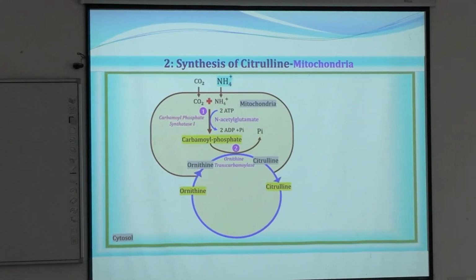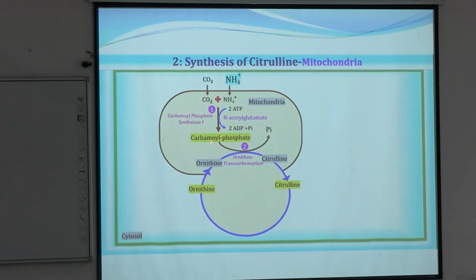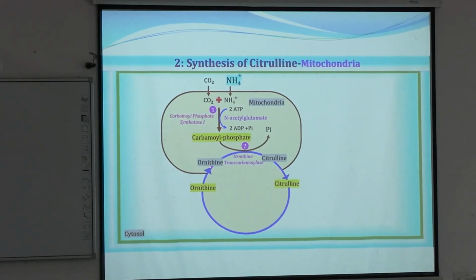Now the second step, what happens? This carbamoyl group is transferred to ornithine to form citrulline. So why was this cycle called the ornithine cycle? Now you will understand. In the second step, ornithine is required to take this carbamoyl group from the carbamoyl phosphate compound, and it will form citrulline and one inorganic phosphate will be released.